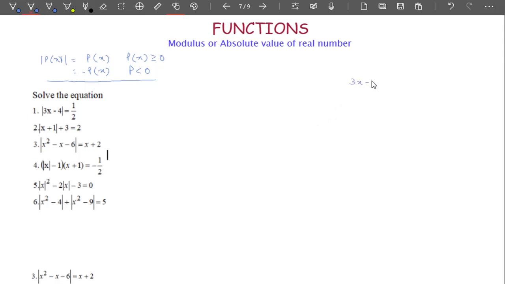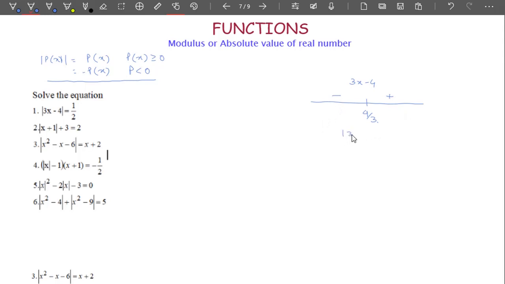3x minus 4, how will it behave? This is 4 by 3, that is the zero of 3x minus 4. Here it will have a positive sign, here it will have a negative sign.